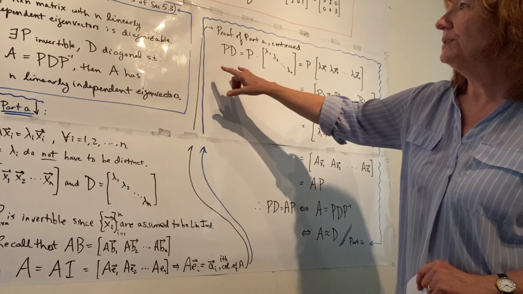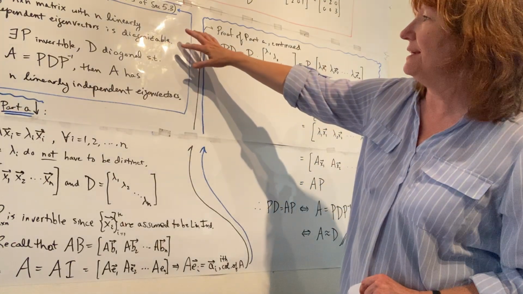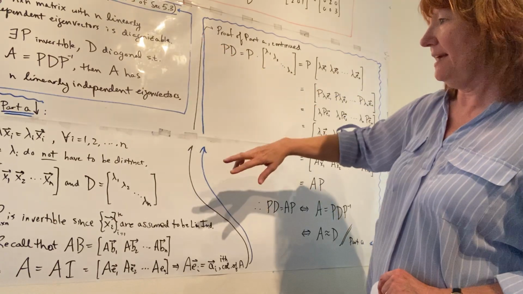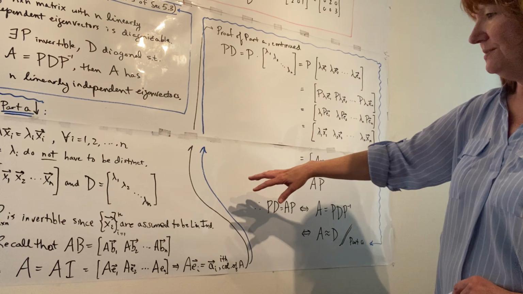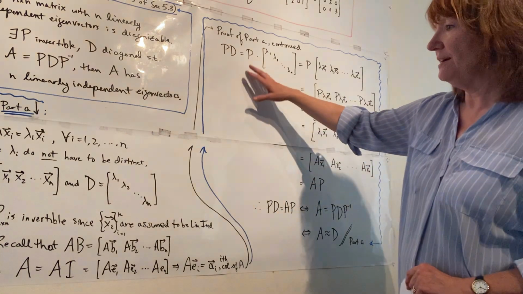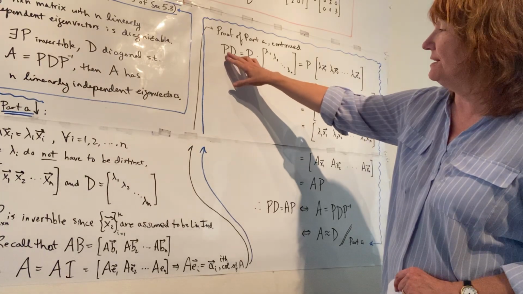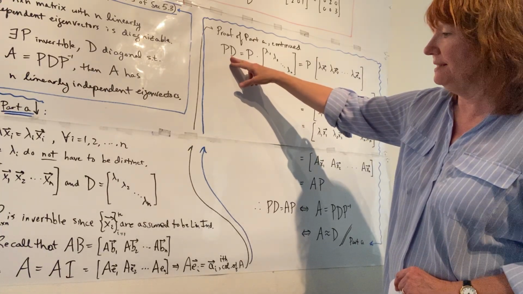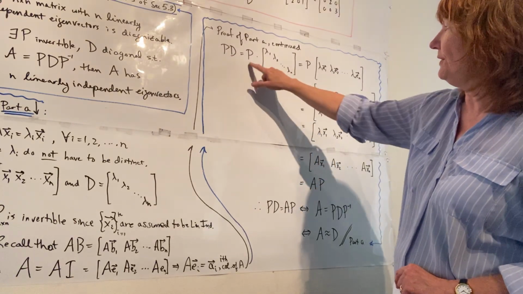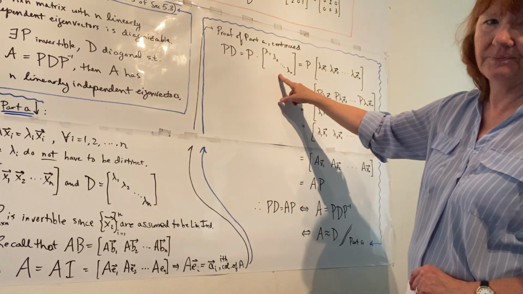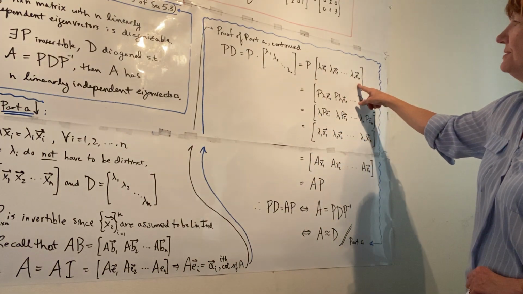We're trying to show, we're doing the first part, that if you have n linearly independent eigenvectors, you can show that A is similar to a diagonal matrix. So we have cooked up a matrix P by taking the eigenvectors of A and putting them in there. We cooked up a D by putting the eigenvalues of A along its diagonal. So P times D looks like that. And that is equal to this.